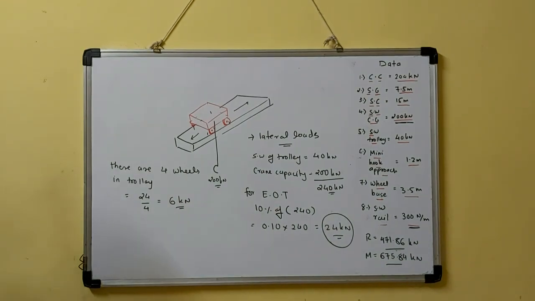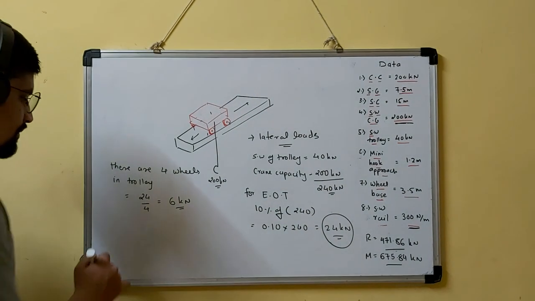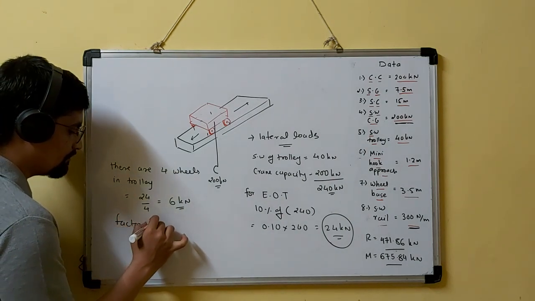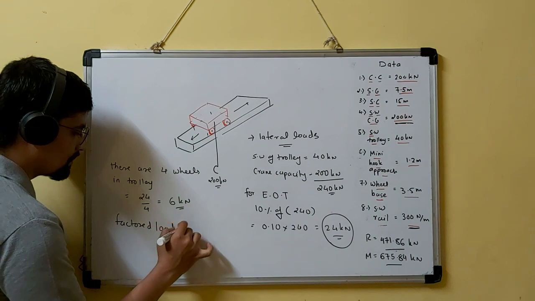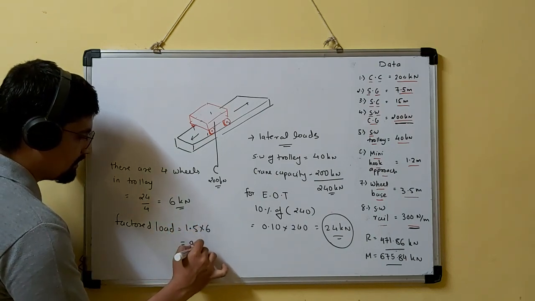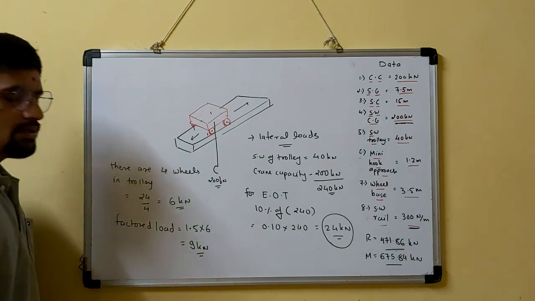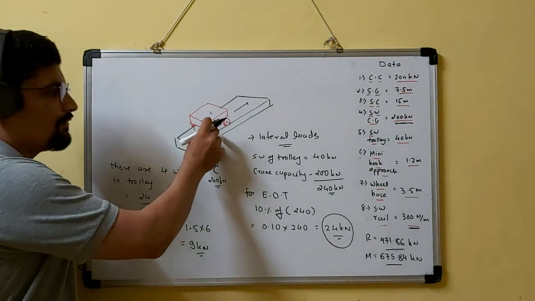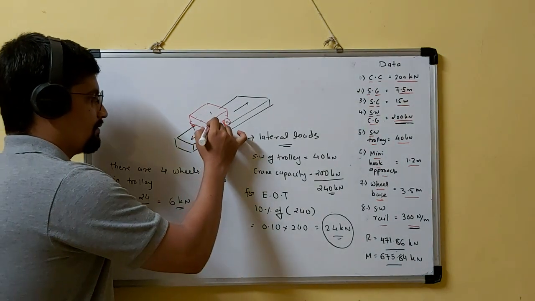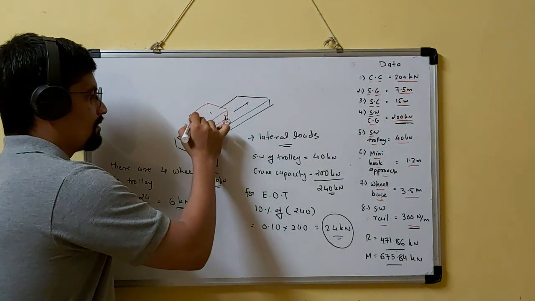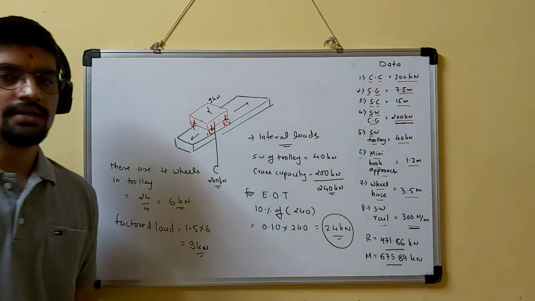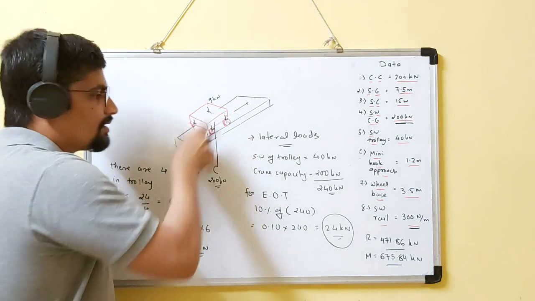The factored load is 1.5 into 6, which will be 9 kilonewton. So each wheel of the trolley will carry 9 kilonewton of load, and this 9 kilonewton load is transferred by each wheel of the trolley to the gantry girder.